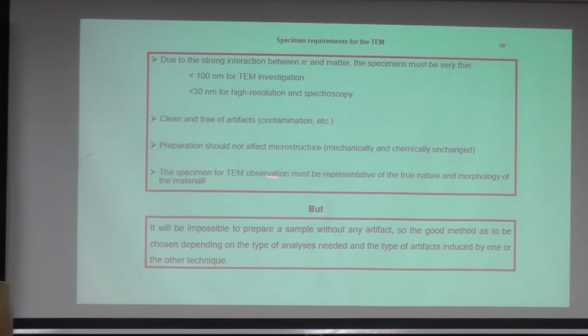And the specimen for TEM observation must be representative of the true nature and morphology of the material. But of course, it is impossible to prepare a specimen without any artifact. So we need to know the method and the artifacts which we produce by a particular method. If we know this, we can somehow overcome these problems, or we can distinguish between the artifacts and the real structure.